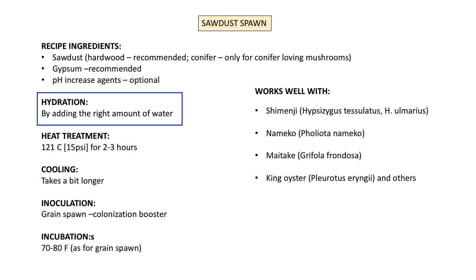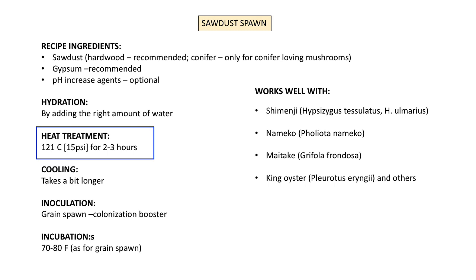Typically this is done by eye. Just grab a handful of hydrated sawdust, squeeze it, and when you see 1 or 2 or 3 water drops dripping, then you'll know that you've got the right moisture content.